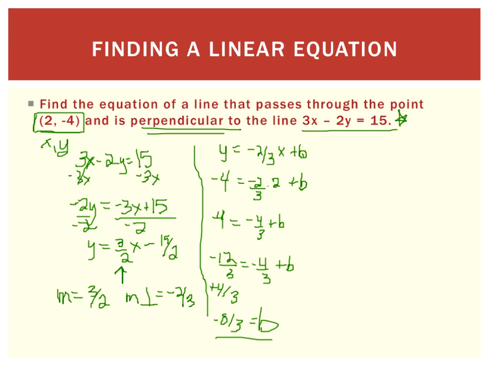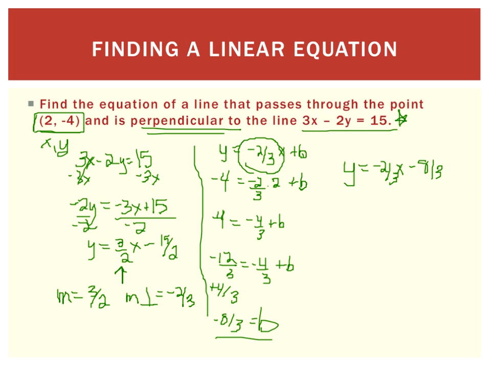So if b equals -8/3, last step then is to say that y equals, going back to my original slope of the perpendicular line, -2/3 x minus 8/3. And that would be the line in slope-intercept form. Then if we wanted to get it into standard form, we would have to do a little more mathematics, multiplying by that common denominator of 3 and adding x to both sides.